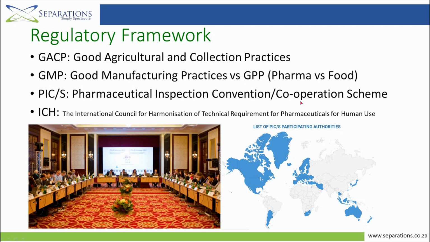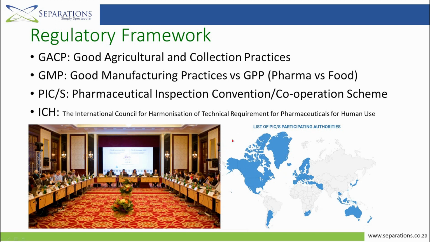Pharmaceutical Inspection Convention and Cooperation Scheme, so PICS. PICS is basically the attempt to harmonize the different GMPs across regions. To give you an example, there are 54 PICS member states: in the Southern Hemisphere, Argentina, South Africa, Australia, New Zealand; in the Asian region as well, Japan; and then a lot in the North American region, Canada, Mexico, and most of Western Europe.